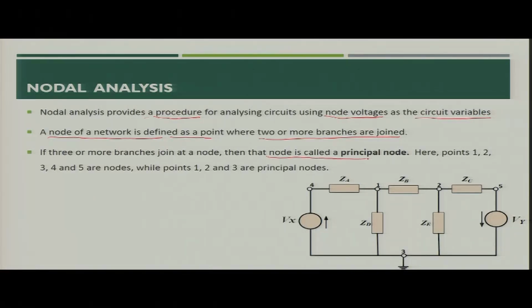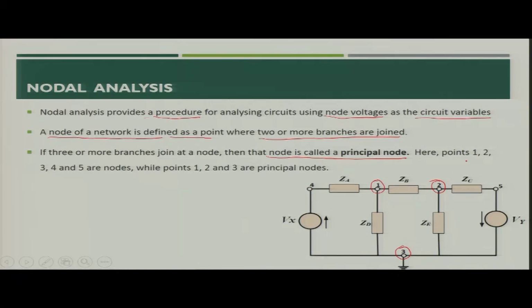It would be called a principal node, and the rest of the nodes would be called simple nodes. So, what are the principal nodes in this circuit? The principal nodes would be node 1, node 2 and node 3, while node 4 and node 5 are the simple nodes.